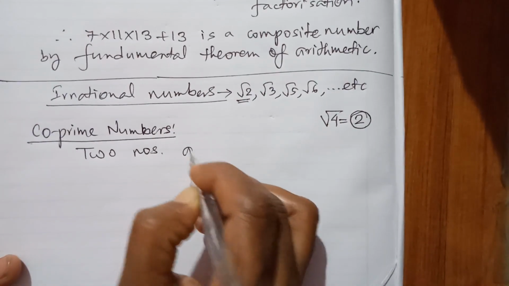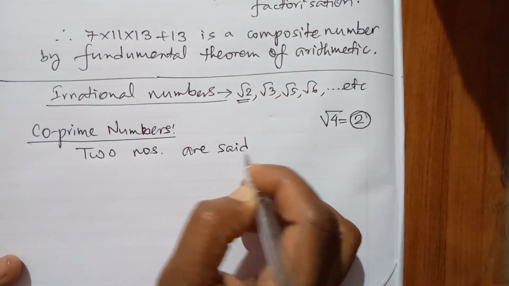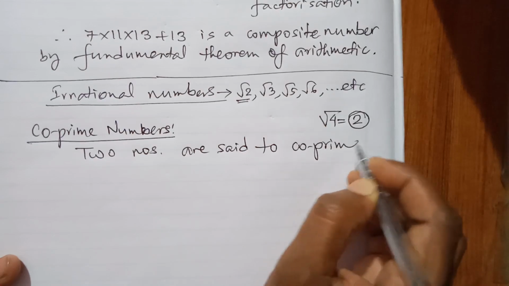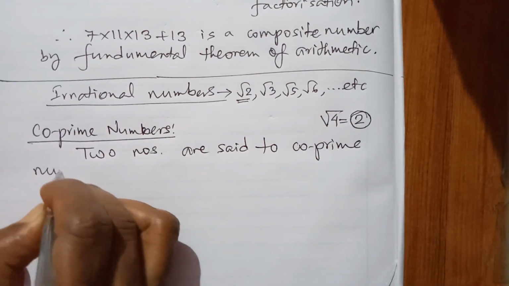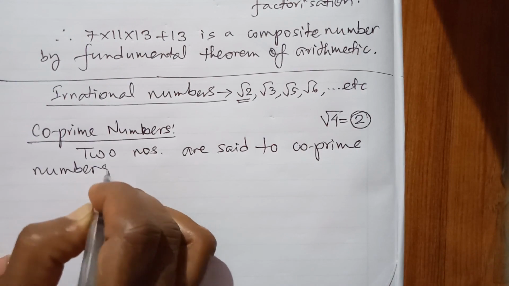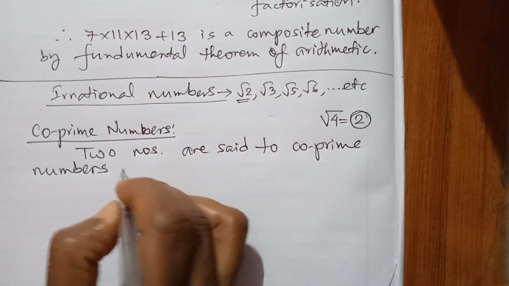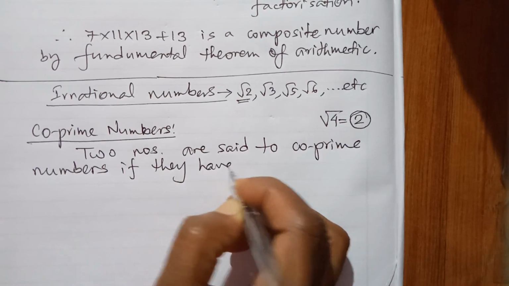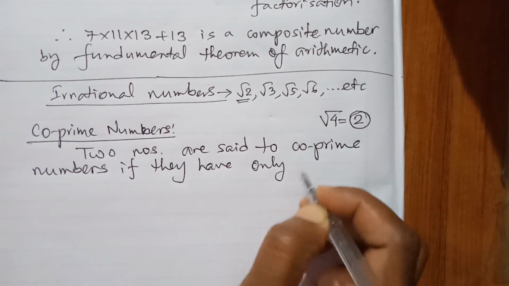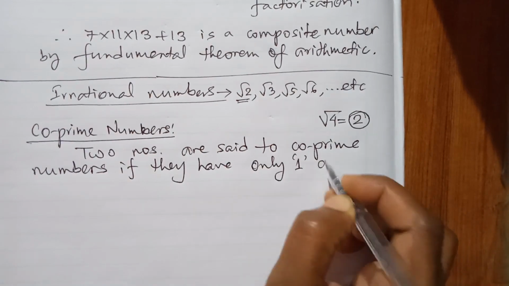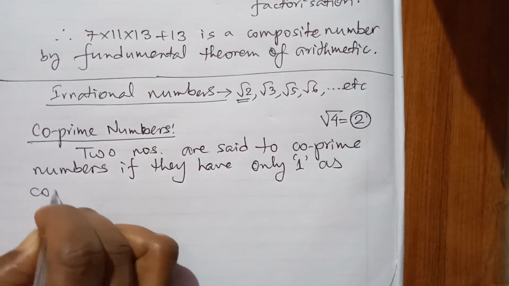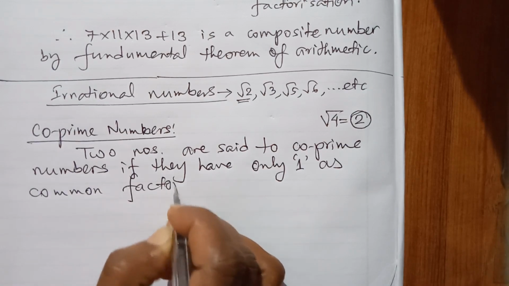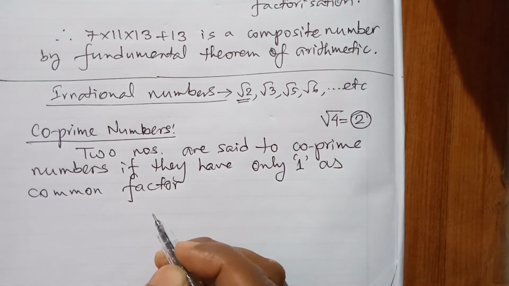Two numbers are said to be co-prime numbers if they have only one as common factor.